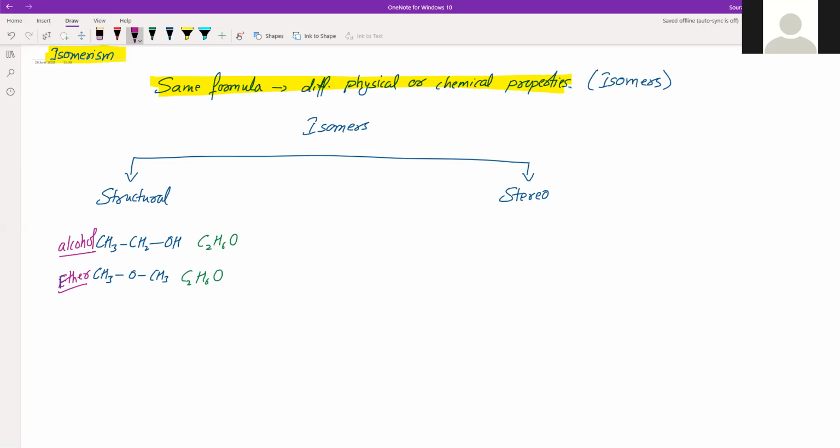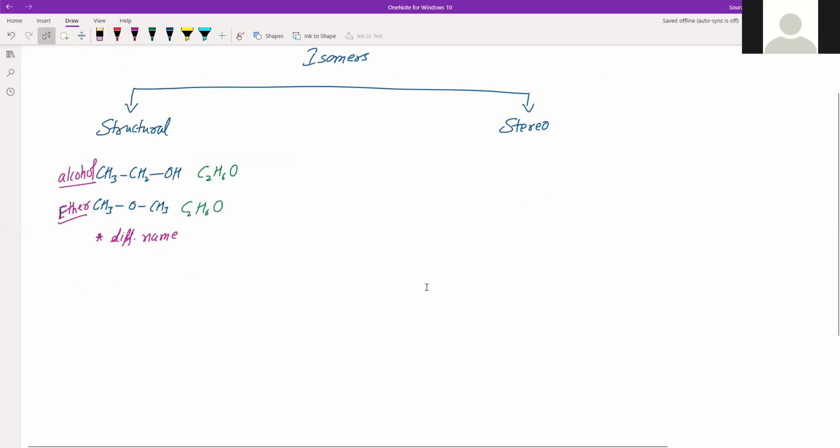One is alcohol and another is ether. Because their structure is different, obviously they will also have different names. These two structures won't have the same name. So they have different attachments or structures. That is structural isomers.